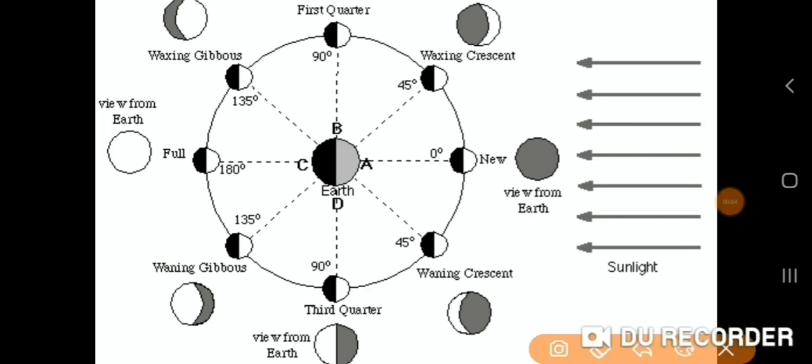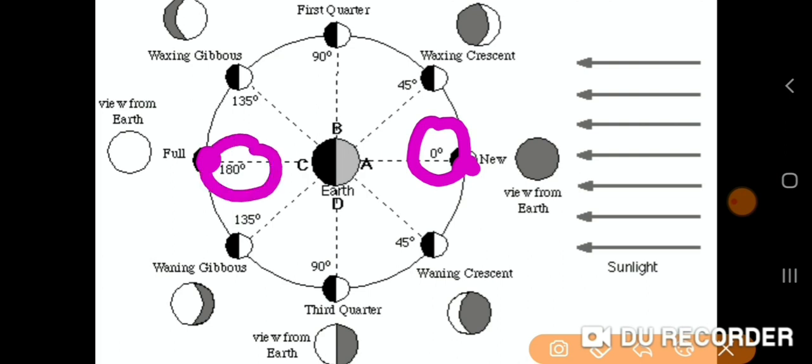On each new moon day, the lines joining the Earth and the Sun and the Moon make an angle of 0 degree, whereas on each full moon day, this angle is 180 degrees.